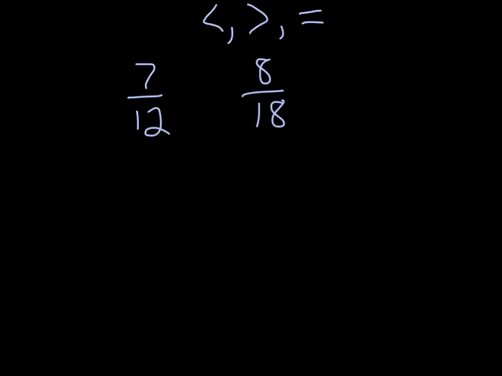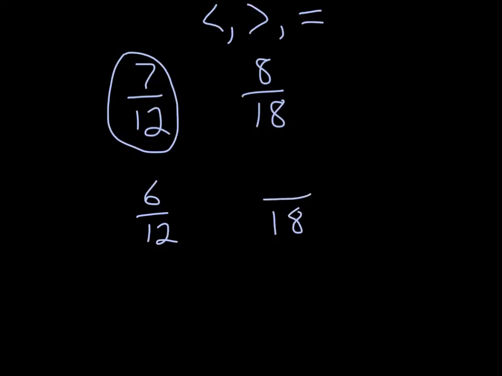Sometimes I can use what I know about fractions to help me know which one's larger. So in this case, I have 7/12. If I wanted to look at what a half is in twelfths, that would be 6/12 is 1/2. So 7/12 right here is going to be greater than 1/2. Now, when I'm dealing with 18ths, I know that 9/18 would be the same as 1/2.